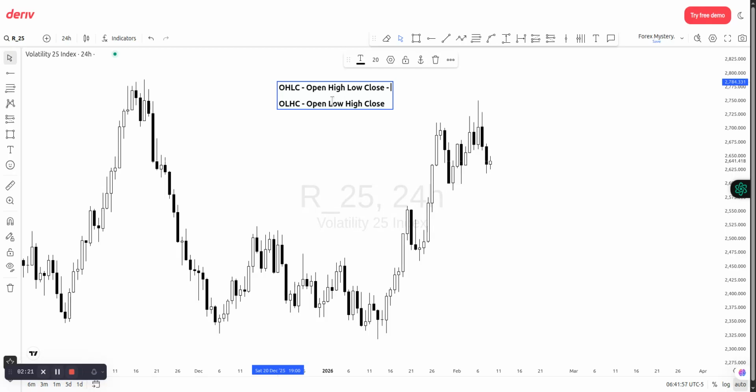For open, high, low, close, this is bearish. That means sellers are in control.